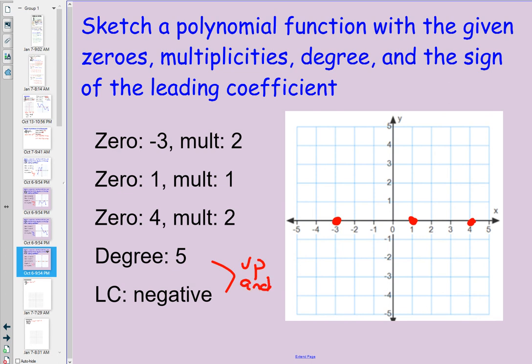Left arrow up, and then right arrow down. Up, down. On the first zero, we're at negative 3 with a multiplicity of 2. What's going to happen? Yeah, we're going to bounce. Then we've got to come up. How high we come up, that's up to you. Alright, now we're going to go straight through. Then we're going to bounce, bounce, and then.